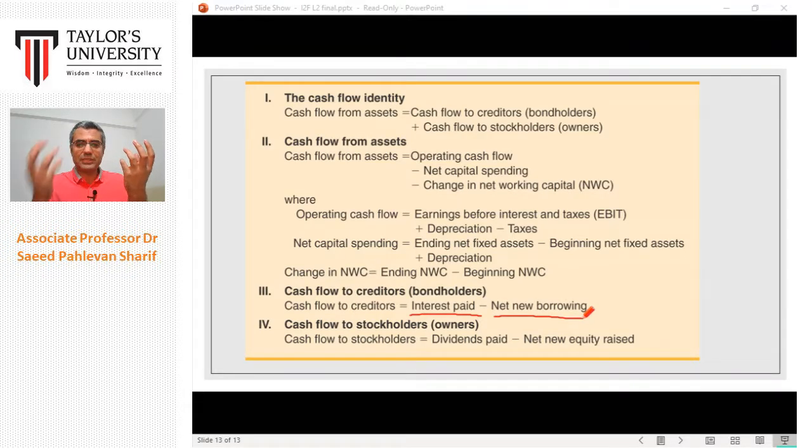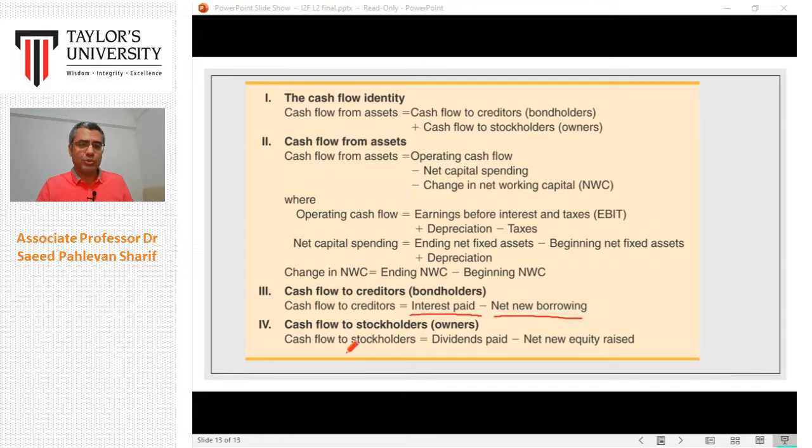The cash flow that goes from the company to the creditors is the interest that we paid to the creditors, and at the same time, the company may receive new loans as well, right? So at the same time, they are paying interest on previous loans, and they may receive new loans as well. So it's interest paid minus net new borrowing.